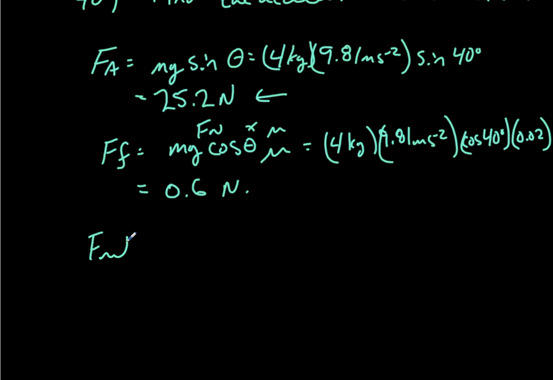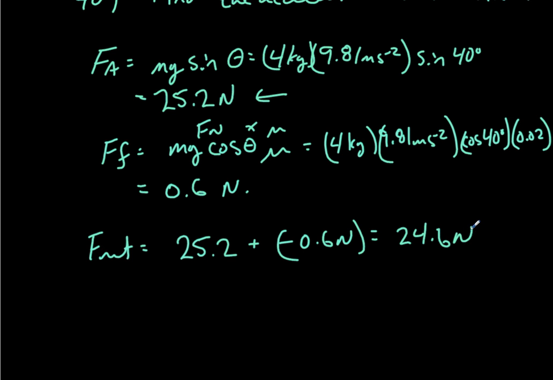So if we want the net amount of force here, basically we've got 25.2 newtons to the left, plus something in the opposite direction, so we essentially subtract it. We should get 24.6 newtons left.